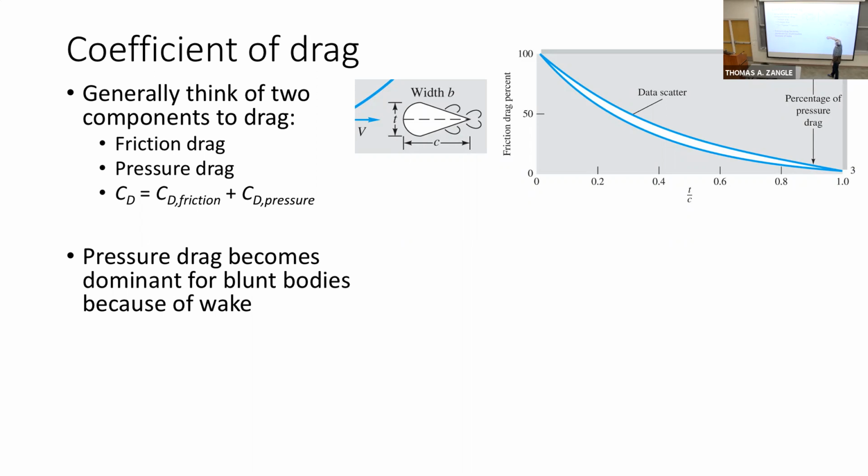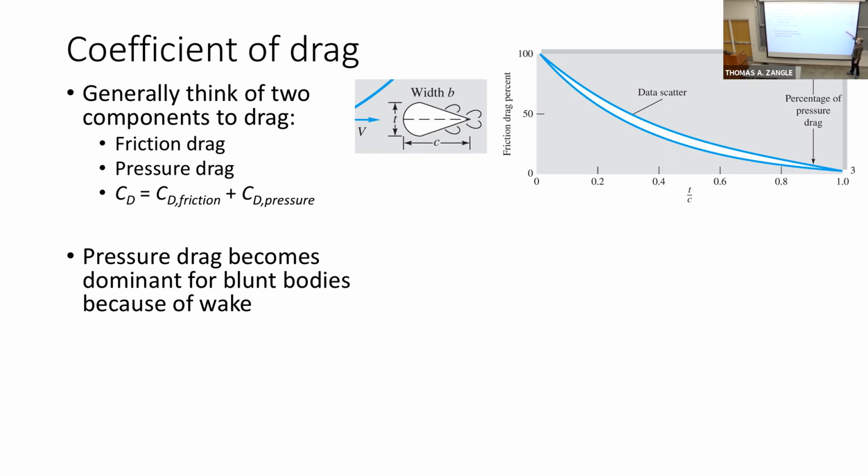And then as we increase the thickness of the object, we're going to see, this is the percentage of drag which is due, this should have been labeled better, this is the percentage of drag that's due to skin friction. So this isn't showing total drag force, it's just percentage of drag.